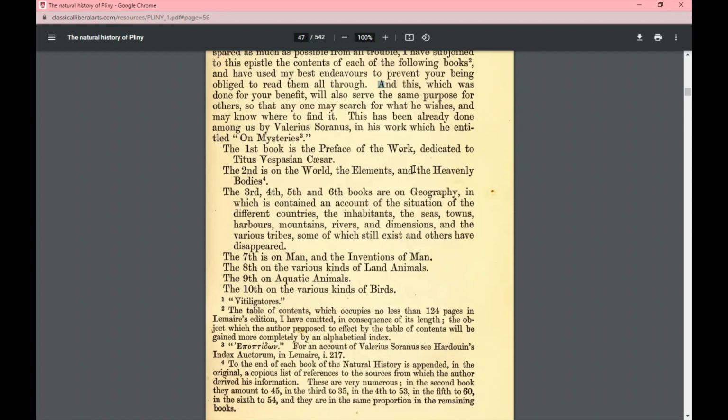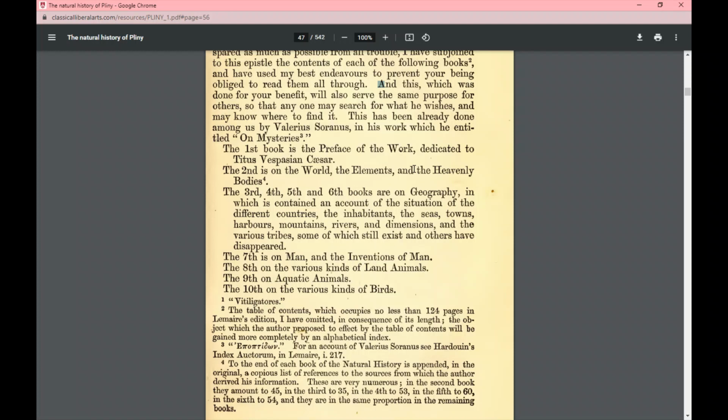But if you look, it says the second book, the second is on the world, the elements, and the heavenly bodies. That's where our study is going to begin. We're going to begin in the second book, studying the world, the elements, and the heavenly bodies.